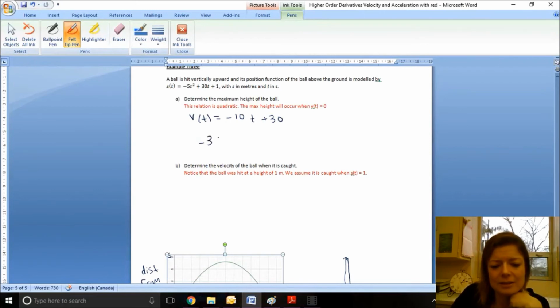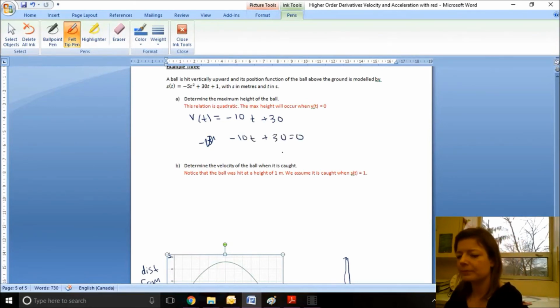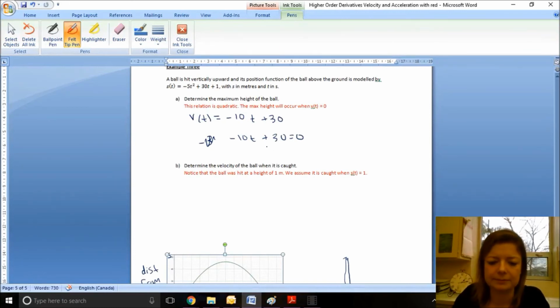So now you just solve -10t plus 30 equals 0, which gives us t equals 3, which is, as you can see, a lot quicker to find than doing all of the quadratic problem solving. Then the maximum height of the ball is s at 3, which is 46 meters. So that's the maximum height of the ball.